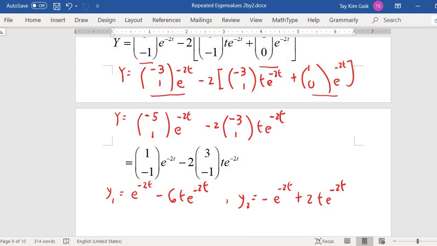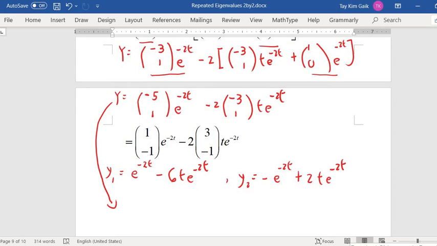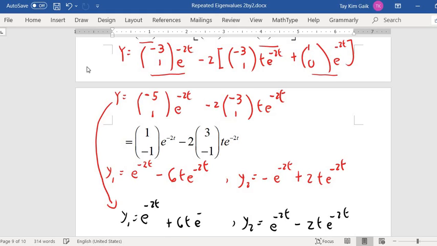Then from here you expand, you should get back the same y1 and y2. y1 is negative 5 exponent negative 2t added with 6. y2 is exponent negative 2t minus 2t exponent negative 2t, plus 6t exponent negative 2t.